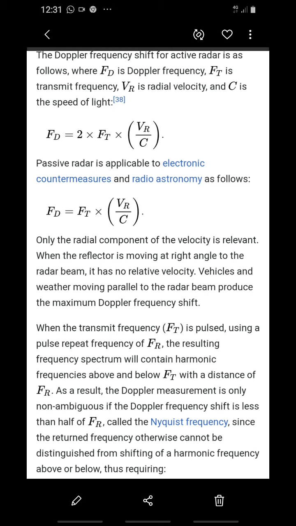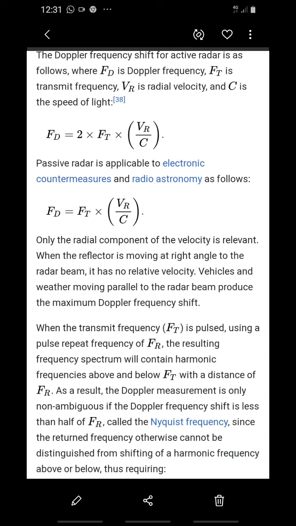When the transmit frequency is pulsed using a pulse repeat frequency of FR, the resulting frequency spectrum will contain harmonic frequencies above and below FT with a distance of FR.